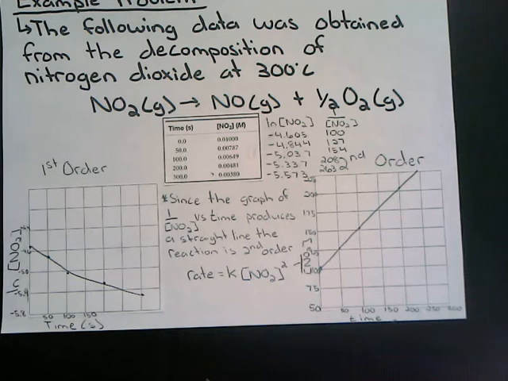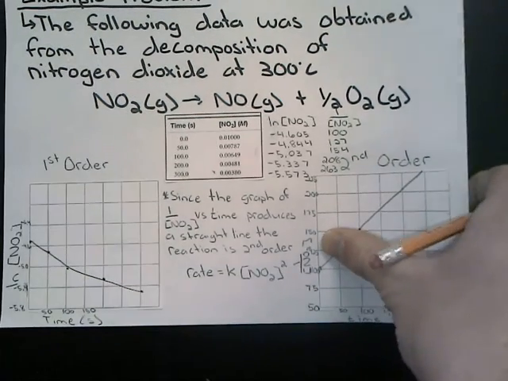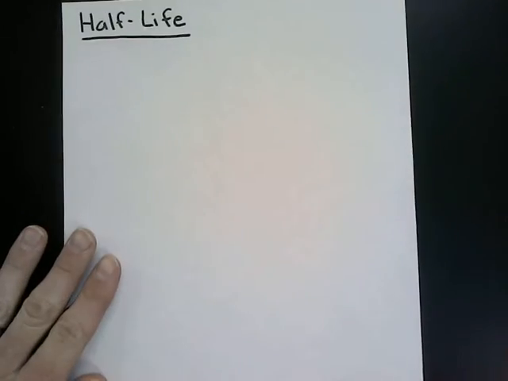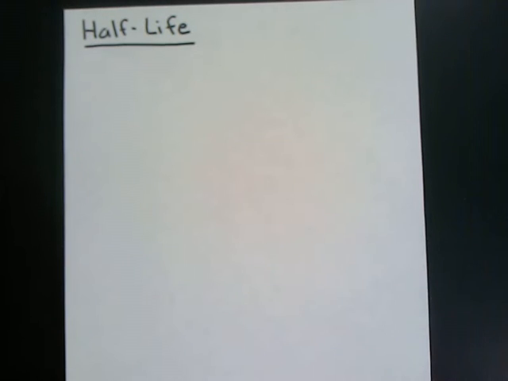Now I want to go into a little bit more of an application of what we can do with these orders, and that application is the half-life. An important concept that stems from those integrated rate laws is known as half-life.